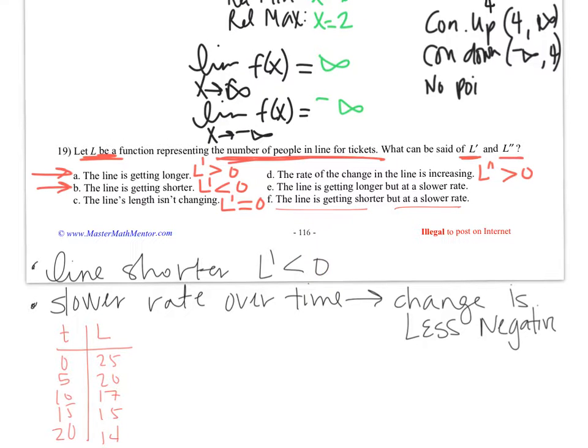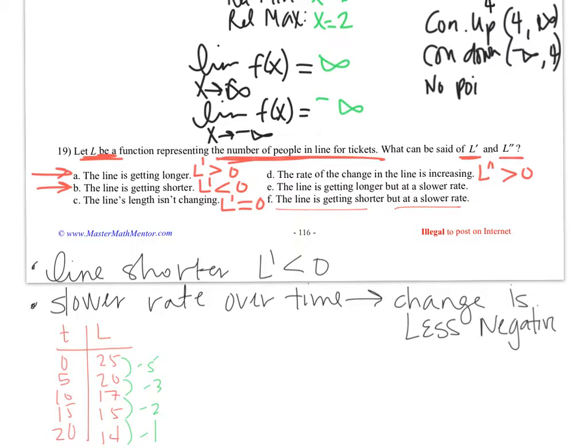But the change in L over each of these 5-second intervals is going down 5. It's going down 3. It's going down 2. It's going down 1. Okay? So the line is getting shorter, but it's getting shorter at a slower rate. So this change is getting less and less negative.